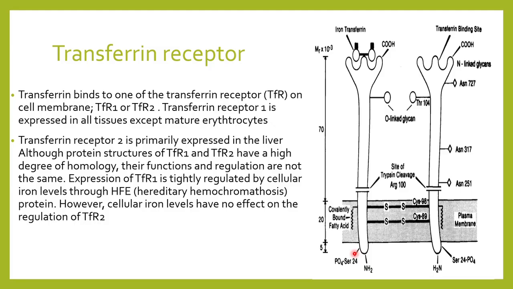We will read about it in the later classes, but yes, it is a tightly regulated process maintained by certain proteins, so that the iron level does not cross beyond the normal range, otherwise iron would be toxic.